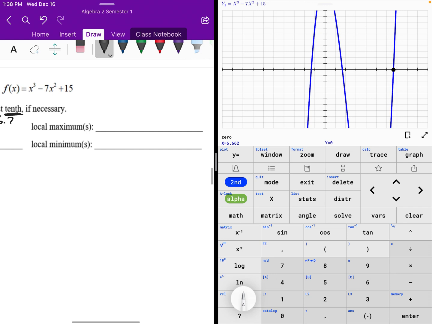Let's go ahead and find those local max and mins. Now, this is where it's a little tricky with this one, because we can't see those local max and mins, but what I do know is you can tell that it's a turning point at the top there if we're looking at the max. It shouldn't happen on the test, but we know that turning point is going to happen somewhere close to the y-axis there.